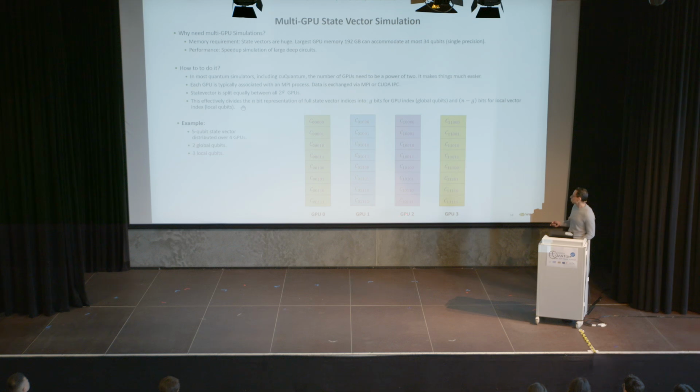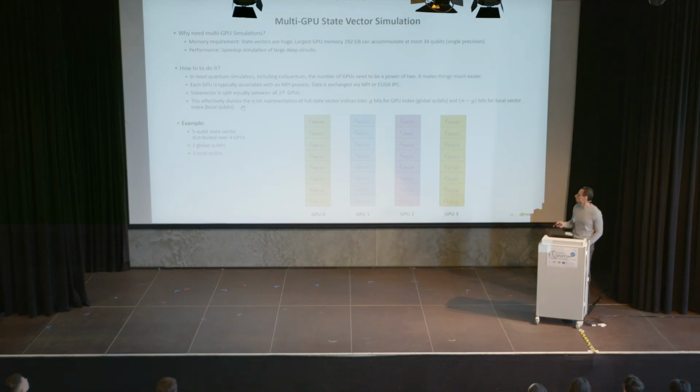While, for example, GPU 2 holds all the amplitudes whose top 2 bits are 1, 0. And the rest of the bits increase incrementally within each GPU. That's why we say that the global bits are indexing the GPU, and the local bits are indexing the amplitude locally within the GPU.